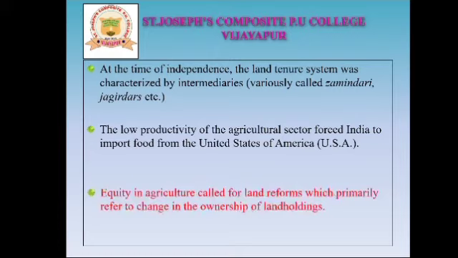And also equity in agriculture. Land reforms primarily refer to a change in the ownership of land holdings. Due to the consolidation of land holdings, the ownership of land was transferred from the zamindar to farmers. This is what equity in agriculture means.